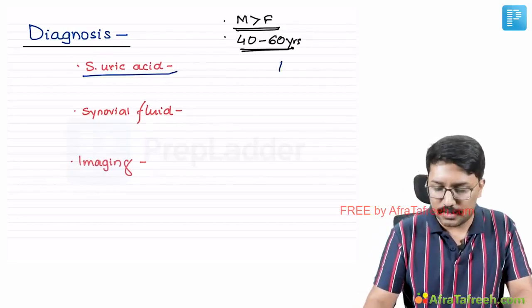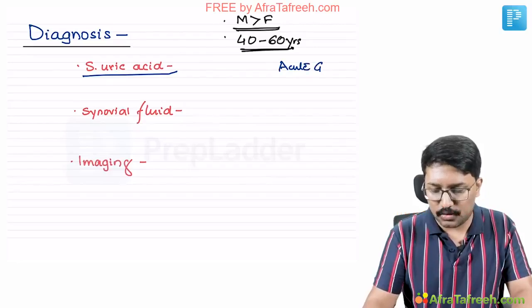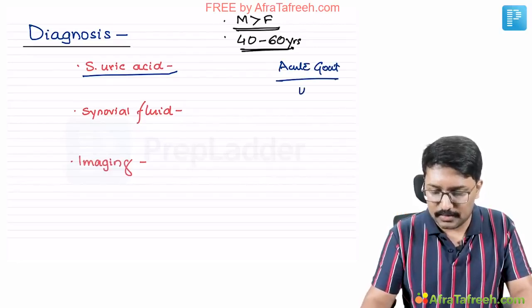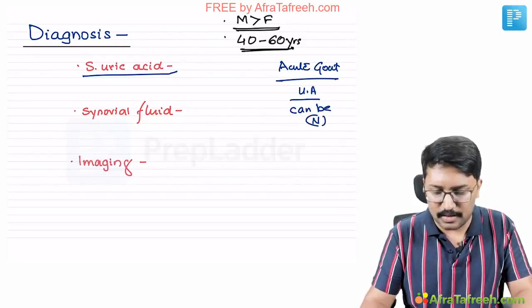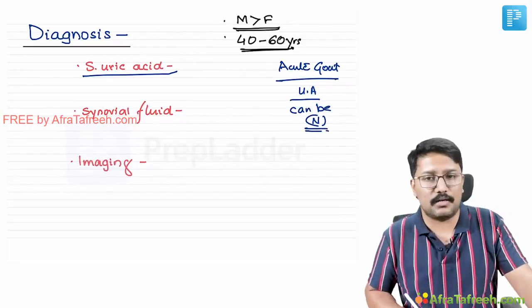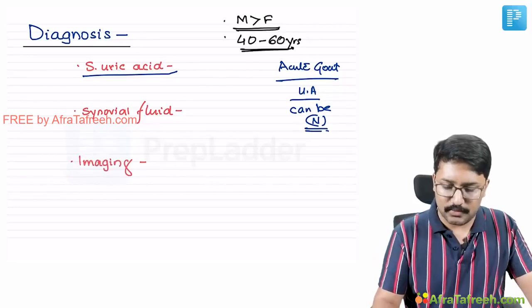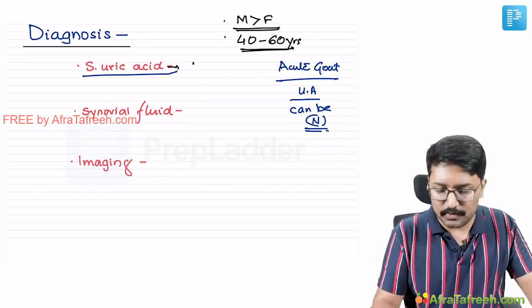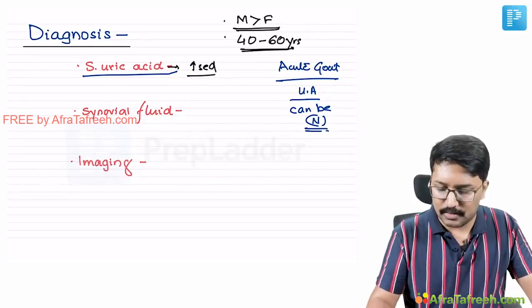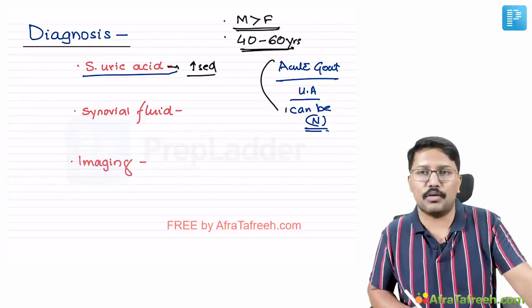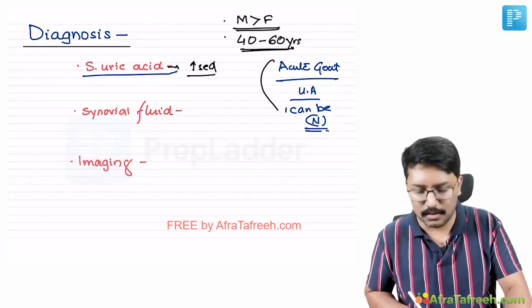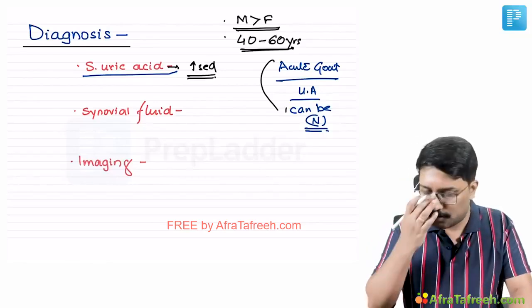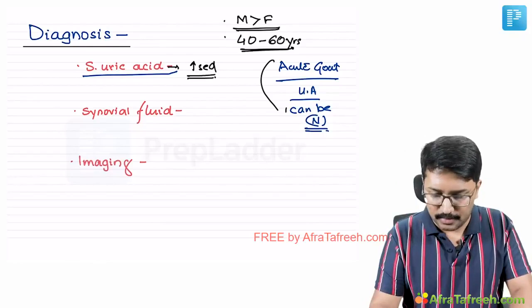Because in a patient who presents with acute gout, uric acid levels can be normal or even decreased to some extent. Serum uric acid levels in most patients with chronic gout will be increased, but they can be normal in patients with acute gout. So it has a low utility in acute gout presentation.